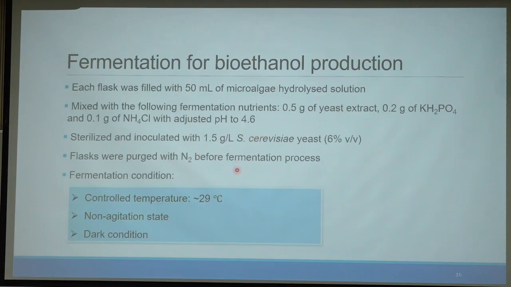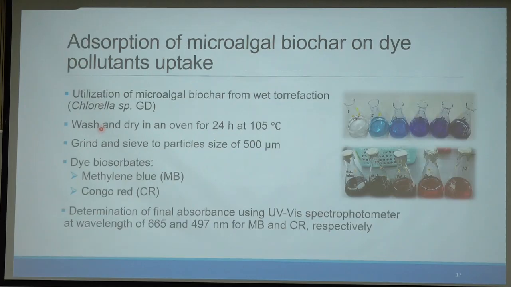This is the inoculum yeast that we are using, 1.5 grams per liter. Then we purge with nitrogen before the fermentation process. We control the environment at 29 degrees C with no agitation, using dark fermentation for this fermentation process.